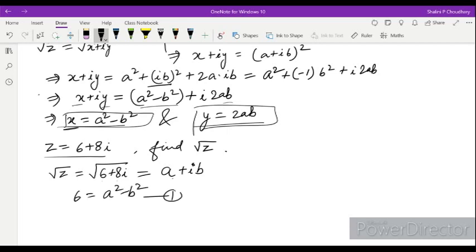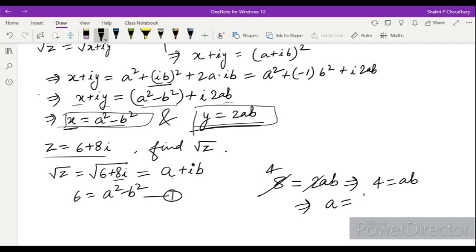This is equation 1. And y is 8, so 8 will be equal to 2ab. So it will be 4, it means 4 will be equal to ab, right? So we can write a will be equal to 4 upon b. This will be equation 2.